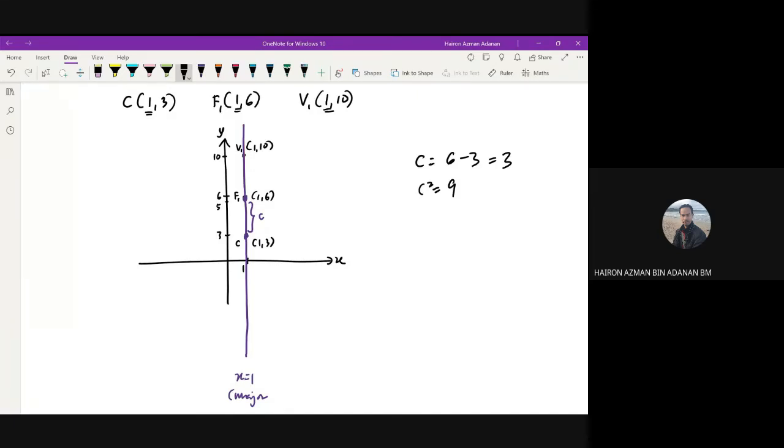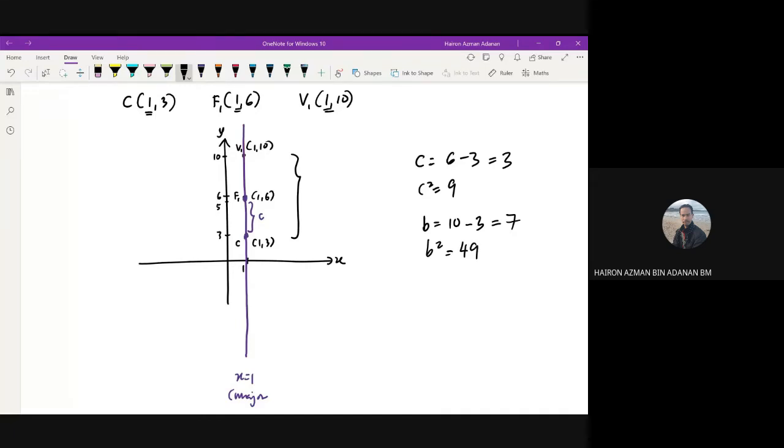And distance from vertices to center, that's the value of B. Kenapa B? B is the value of Y, kan? B is under Y. So B equal to 10 minus 3. So you will get 7. So B squared equal to 7 squared is 49.